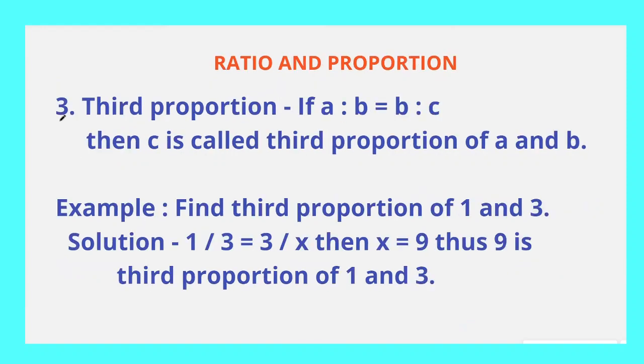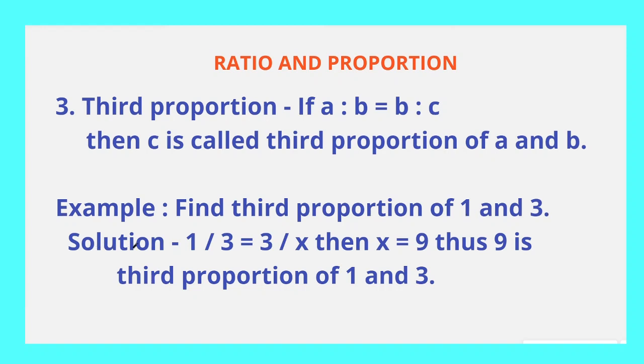Point 3 or property 3, third proportion. If A/B is equal to B/C, here B is common in both the ratios, then C is called the third proportion of A and B. And the example for it is, find the third proportion of 1 and 3.